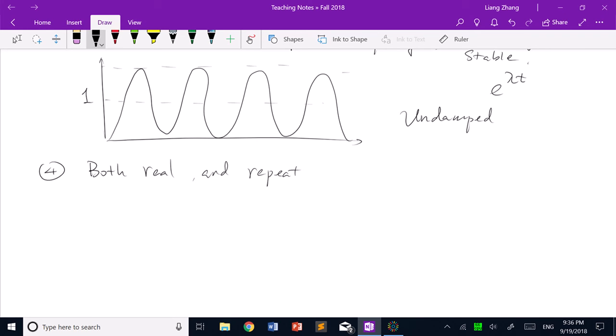And the last case is both real and repeated. When they're repeated and you want the system to be stable, they must both have a negative real part.